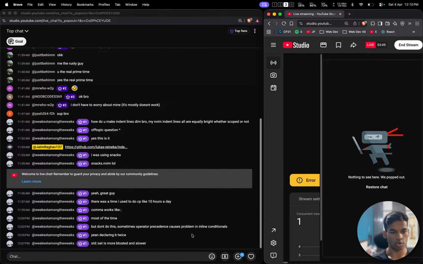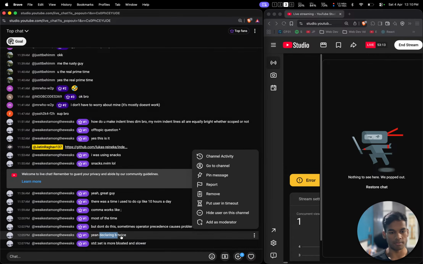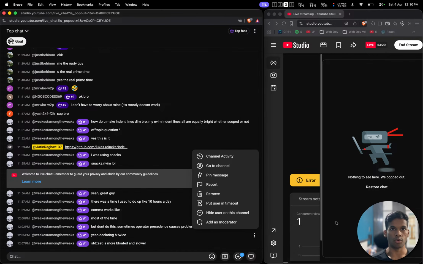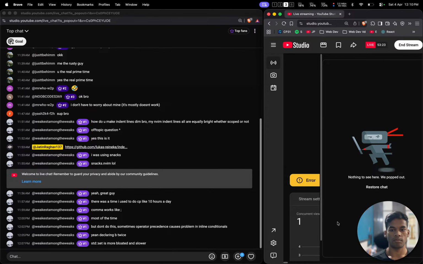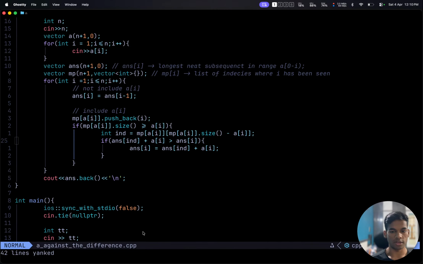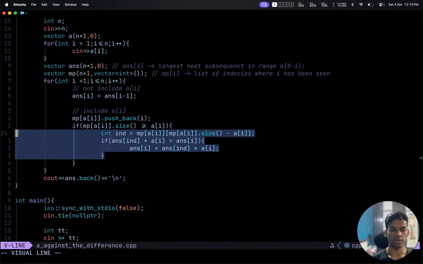Declaring b twice. Makes sense, because int a equals something comma b. Makes sense. Declaring b twice. It is slower. I used it because I was thinking that we should remove an index from the list after we have used that index, but we don't actually have to do that.